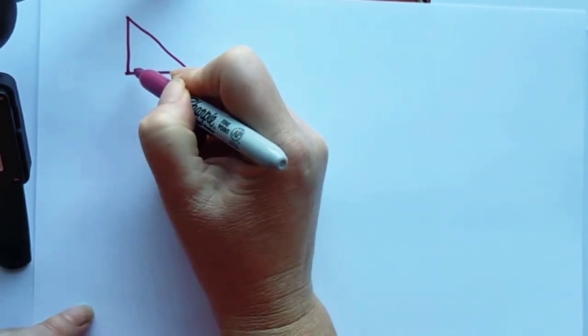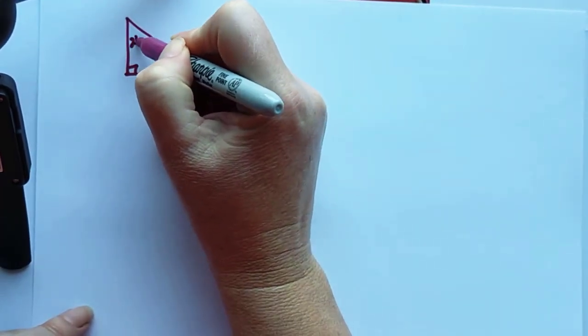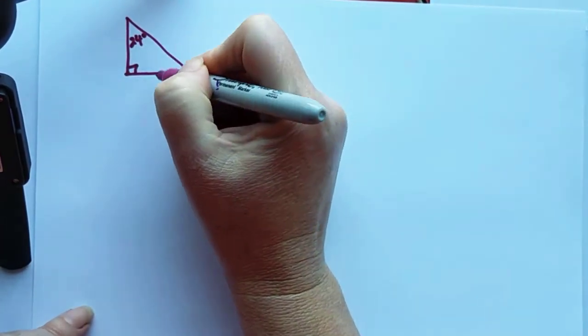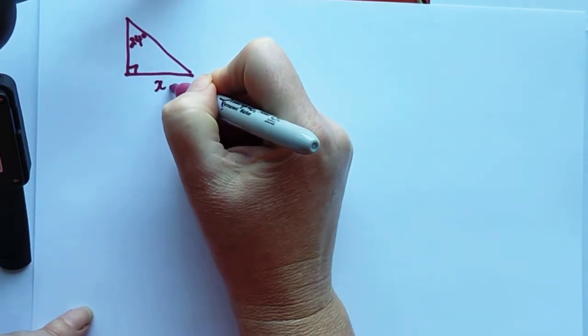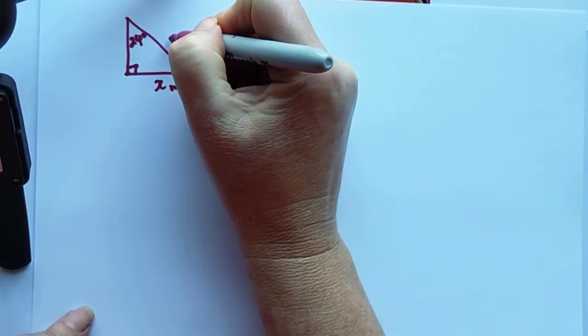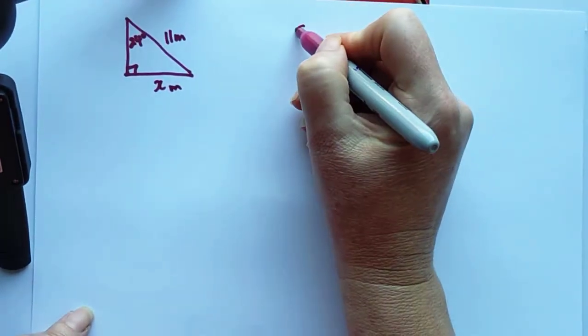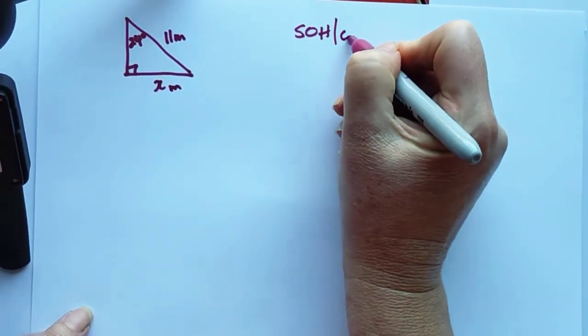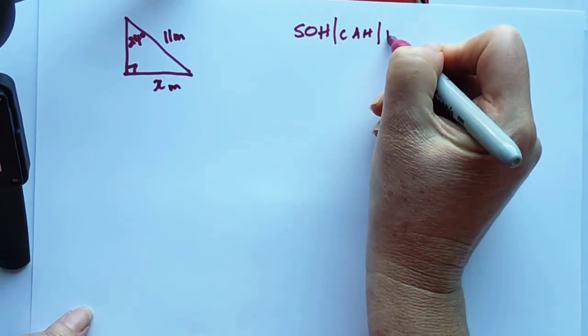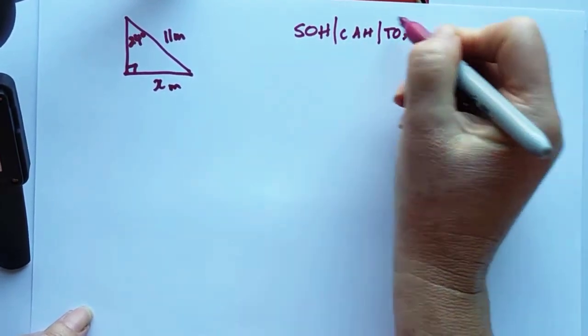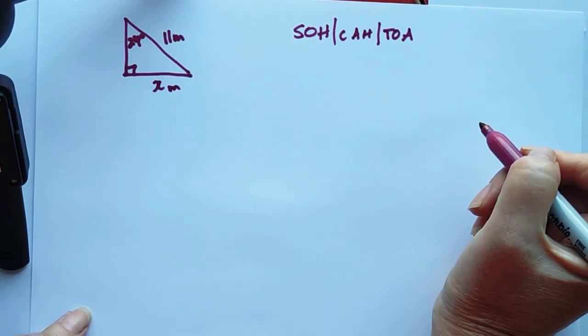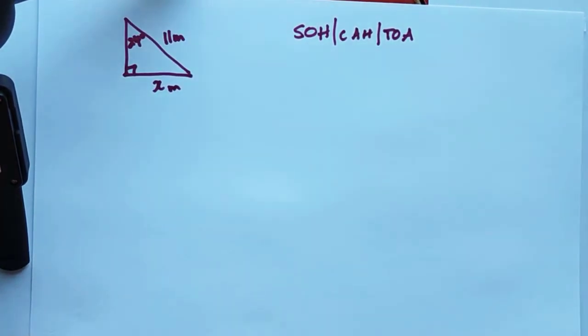So here is our triangle. We'll say that's 24 degrees. This is x meters and this is 11 meters. So let's write our little reminder of what the rules are there. Let's have a look at the given information in our triangle.